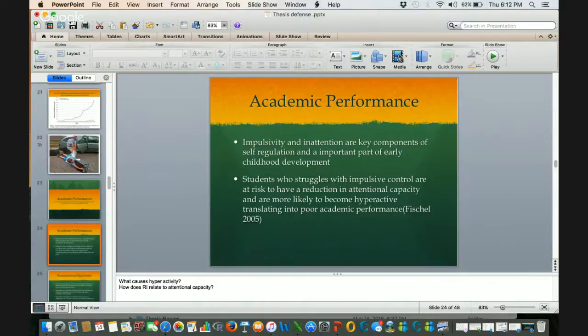We know children are always active, and it's hard to keep them still. But learning how to regulate these components is key to academic success. Students who struggle with this as they grow older, with a reduction in attention span, are more likely to become hyperactive and lead on to poor academic performance.